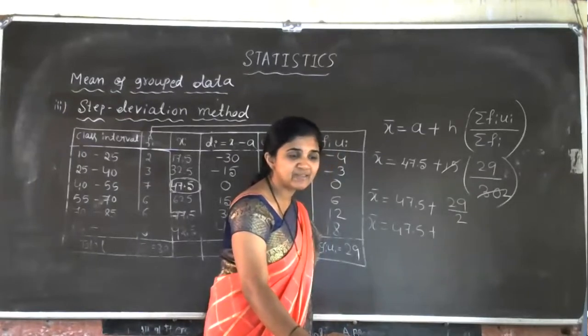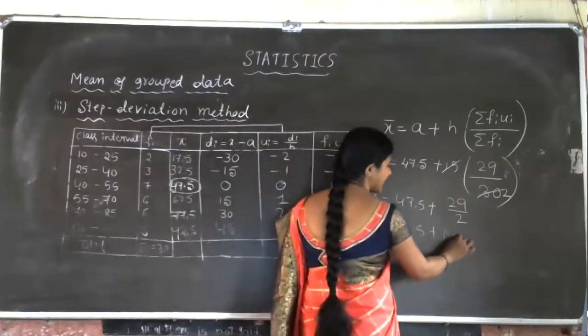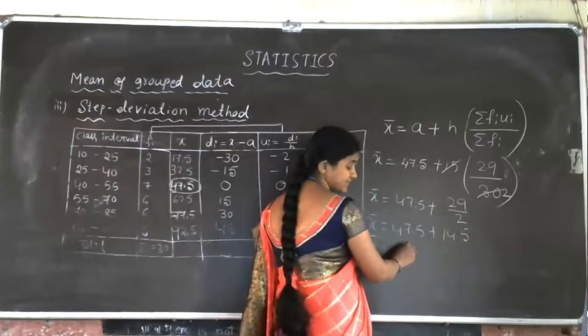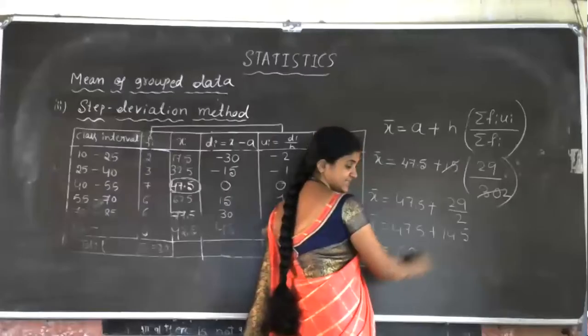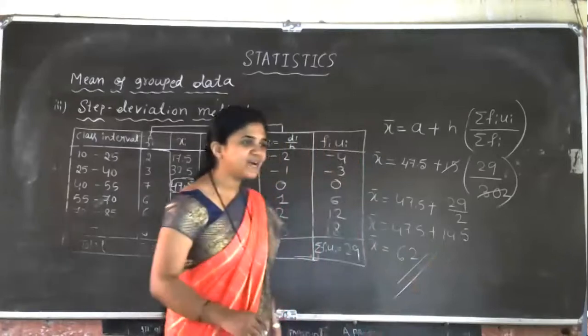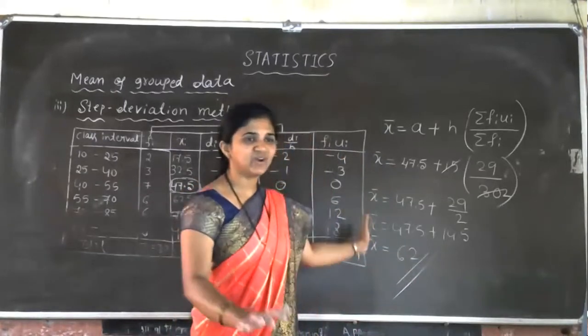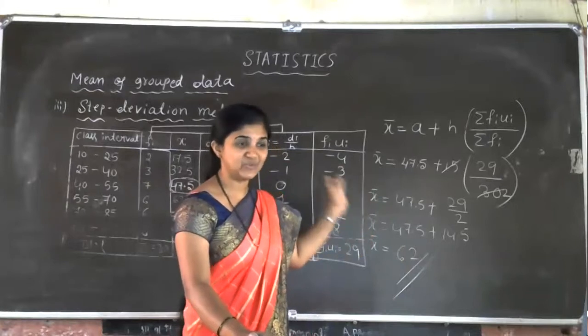Very simple division, no? Yes, 14.5. So then 14.5 plus 47.5. What is the answer, students? 62. Got the idea of this method? Step deviation method, 62. Again here also we got the answer 62 only.